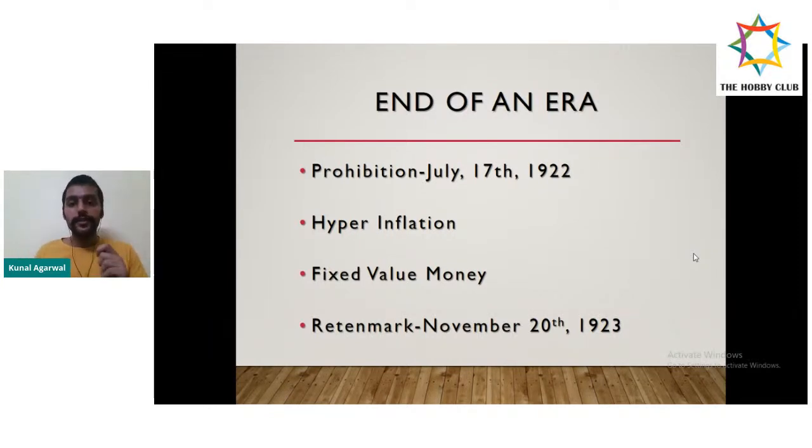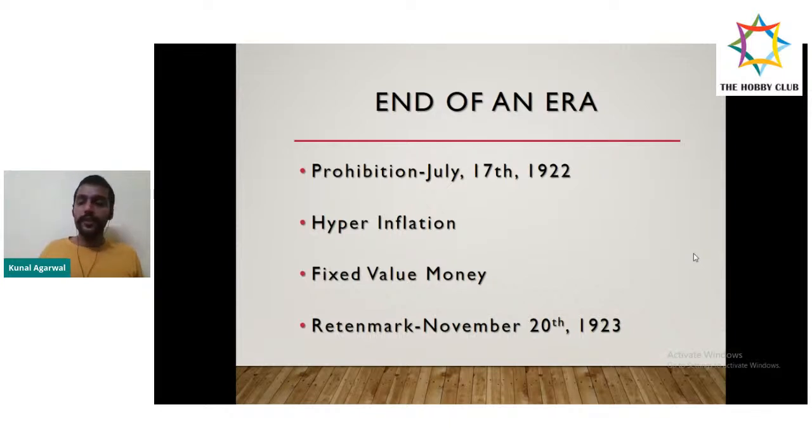Also, the other thing was that people were really fed up of changing currencies, of using these odd Notgelds. They wanted something stable, which had value to it, and they could stick to it and lead a normal life. So finally, they accepted Rentenmarks.